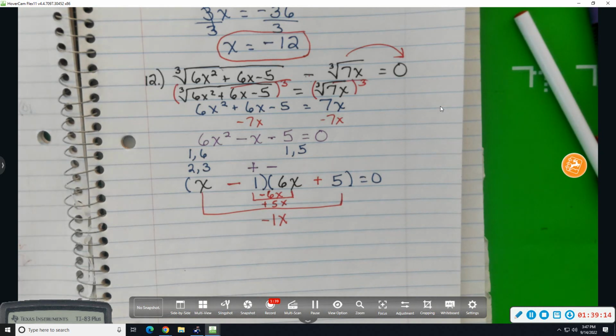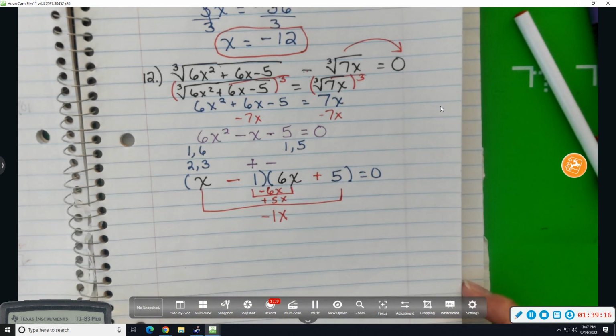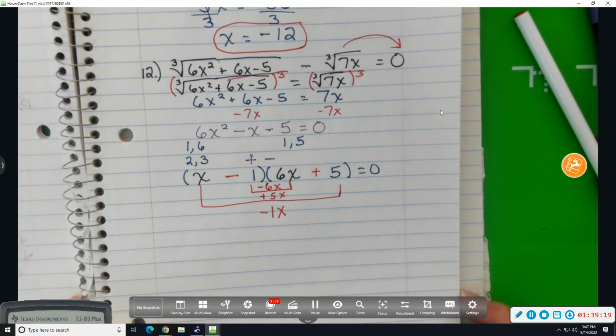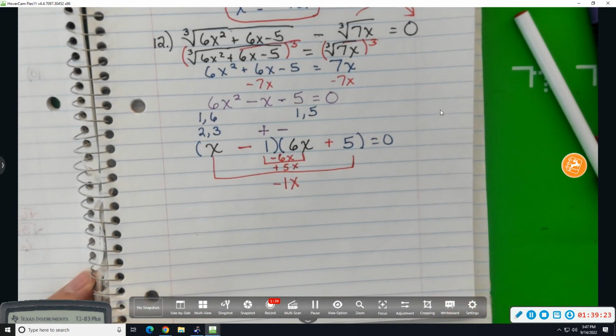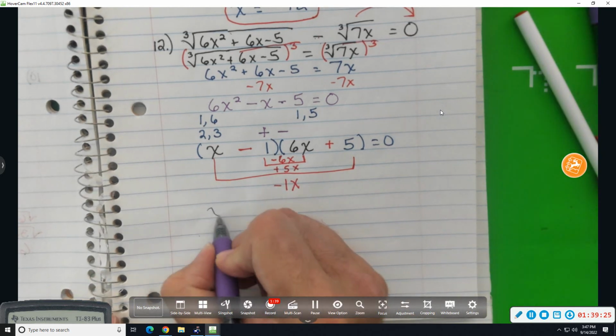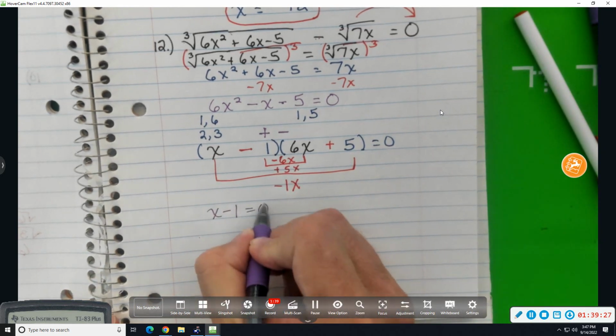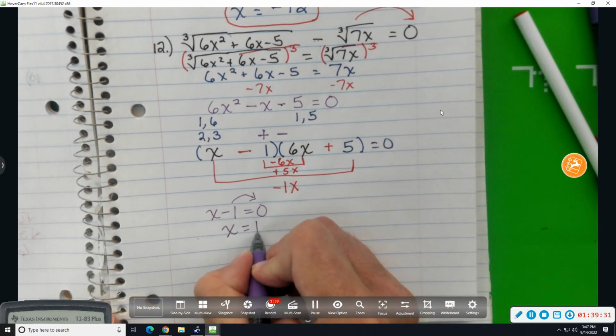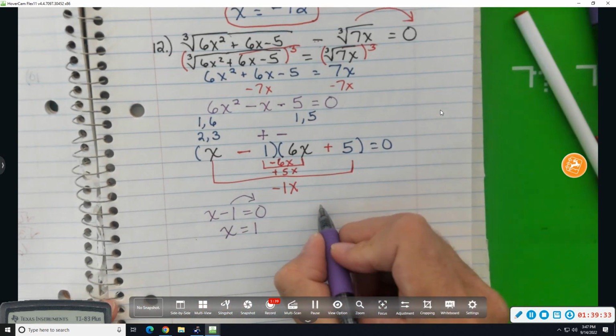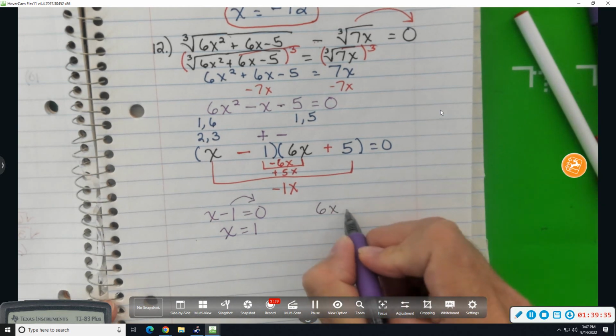This one's a little bit more involved than number 11, but it's sure not like number 9, is it? All I have to do now is set each factor to 0 to get x equals 1.